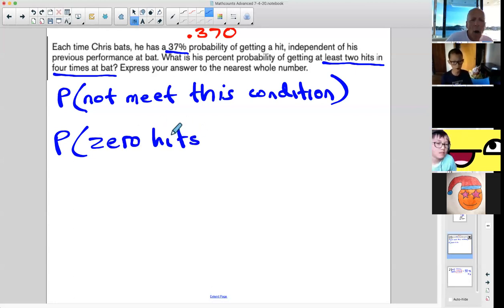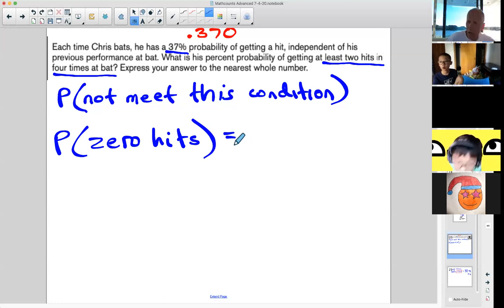Well, let's start, Ray, with 0 hits. Who can tell me, don't give me the answer, but tell me how to find the probability of him getting 0 hits? I'm going to ask Audrey to start us off here. So Audrey, if you turn your unmute back on, that would be great.